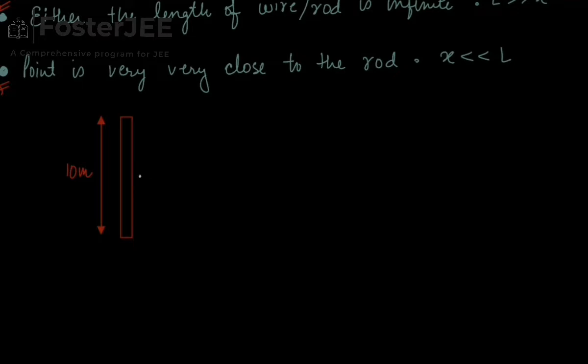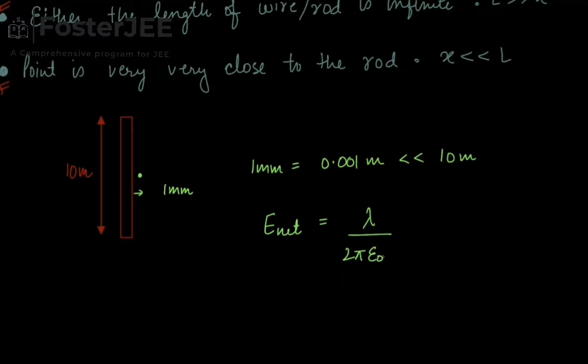And we are asked electric field at a point 1 millimeter away from this rod. In that case also, since 1 millimeter is 0.001 meter, which is very much less than 10 meters, net electric field will be lambda upon 2 pi epsilon naught r, where r is the distance, that is 1 millimeter. So we have to keep this also in mind.